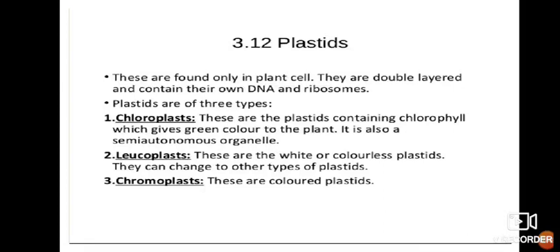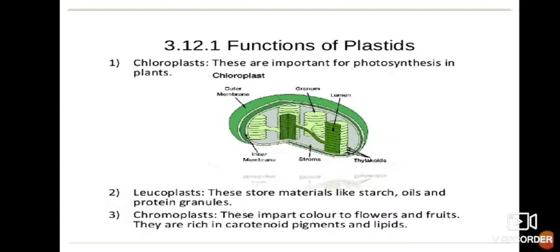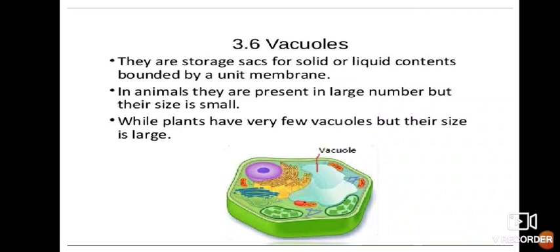They can multiply on their own whenever they require. Now the functions of plastids. The most important plastid is chloroplast, which is very important for photosynthesis. Leucoplasts are used for storage, and chromoplasts give color to the flowers and fruits.